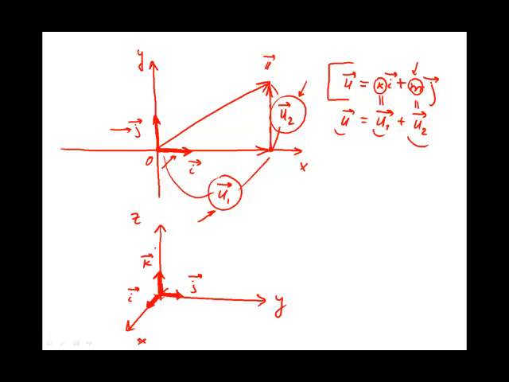This unit vector is called k. And any vector u or v in three-dimensional space can be represented as a linear combination of i, j and k, like this.